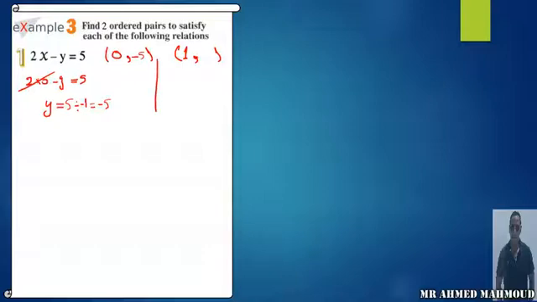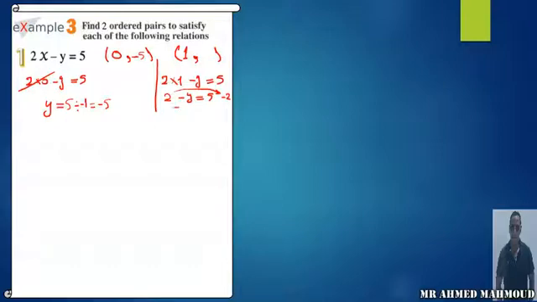The other case, if x equals 1, I will put 1 in place of x. It will be 2 times 1 minus y equals 5. 2 times 1 equals 2, minus y equals 5. I will send 2 there as minus 2.